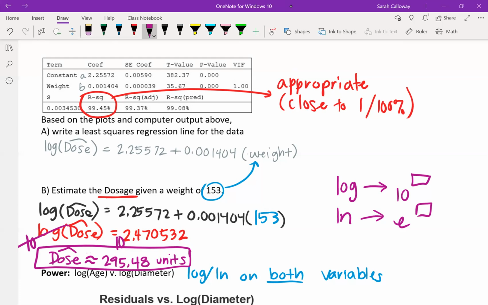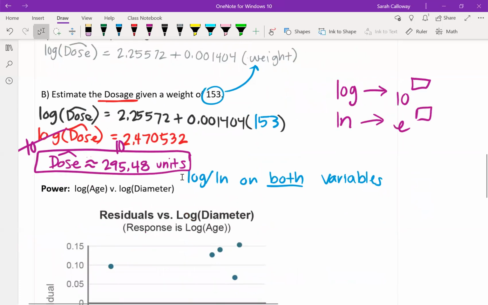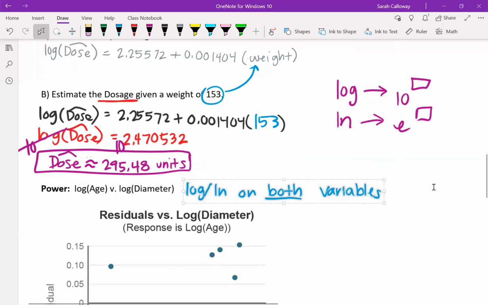The final type of equation is a power equation. I can tell it's a power equation based on the fact that both variables have a log or an ln around them.